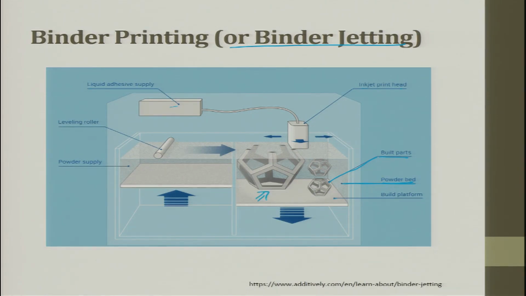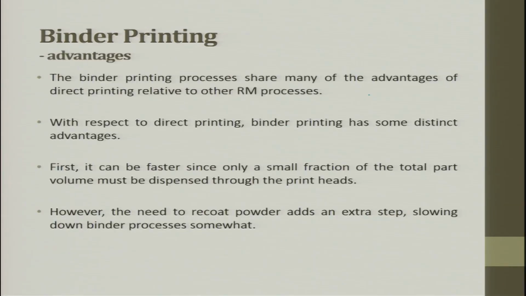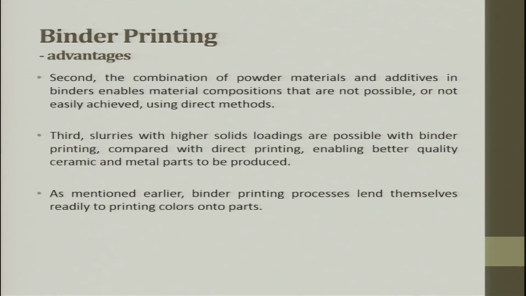So, the binder printing process shares many of the advantages of direct printing relative to the other RM processes. With respect to direct printing, binder printing has some distinct advantages. First, it can be faster since only a small fraction of the total part volume must be dispensed through the printing head. However, the need to recoat powder adds an extra step to the process.